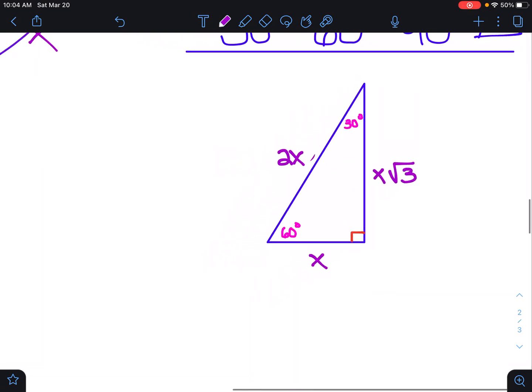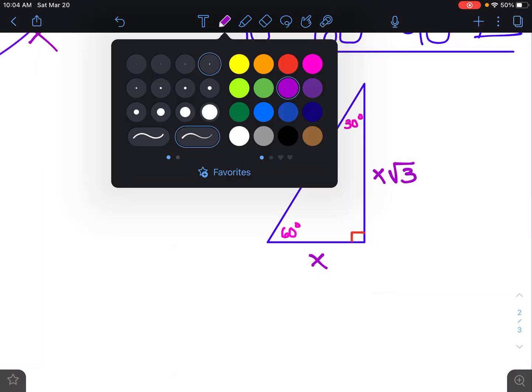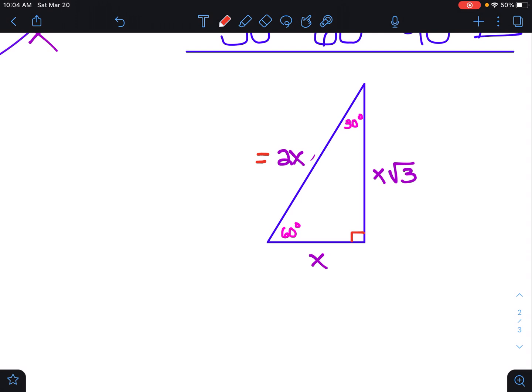Now, for our purposes, in the unit circle, we know that the hypotenuse is 1, okay? So now if I want to know what x is, I would divide by 2. So that means if that was 1, this is half of that. So this is 1/2, right? If I divided by 2 on both sides there.